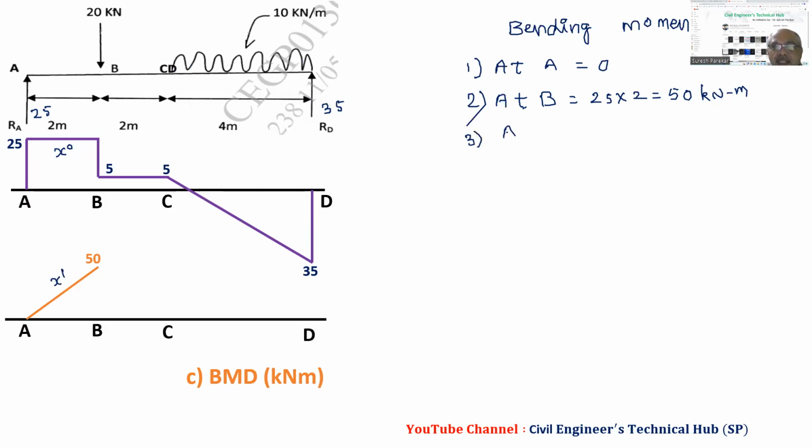Then we have at C. You can come from left or from right. 25 into 4 minus 20 into 2, that is 100 minus 40, which is 60 kilonewton meter.